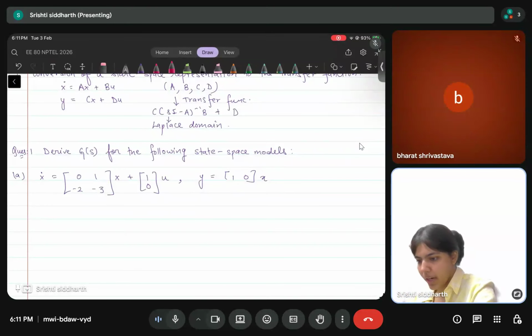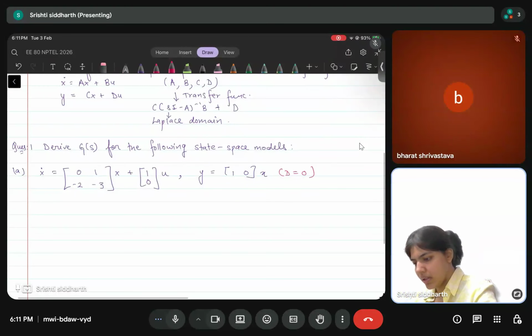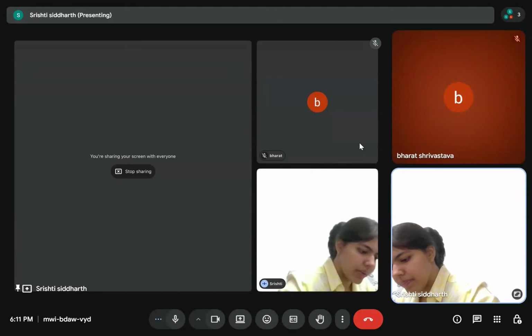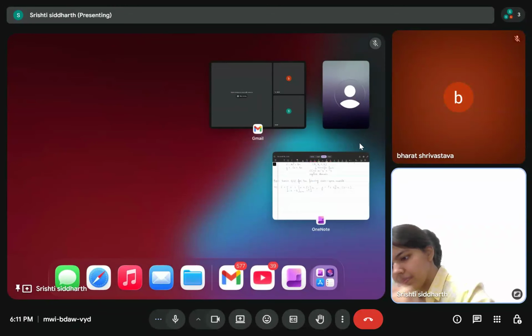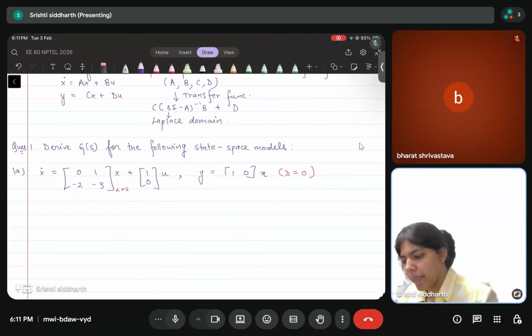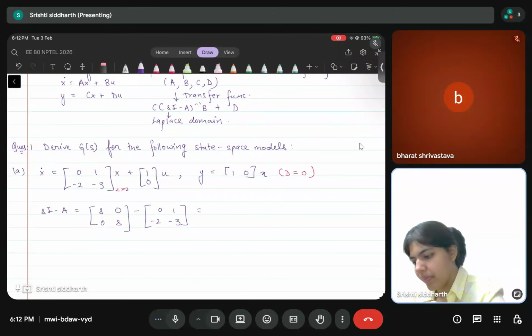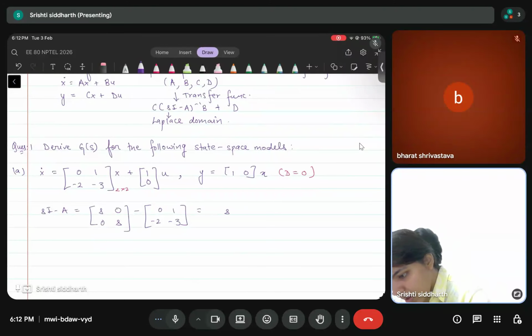First let's observe that in this question D is 0. Alright, so what's sI minus A? This is [s, 0; 0, s] minus [0, 1; -2, -3]. This is [s, -1; 2, s plus 3].